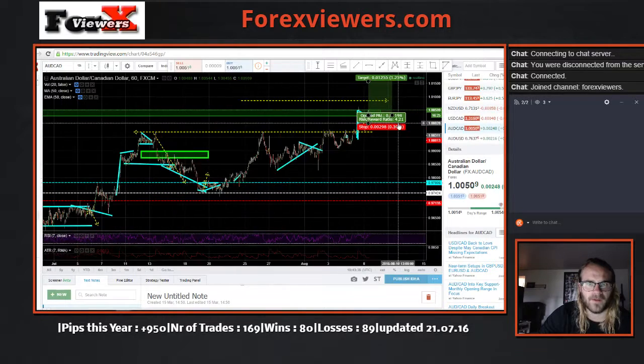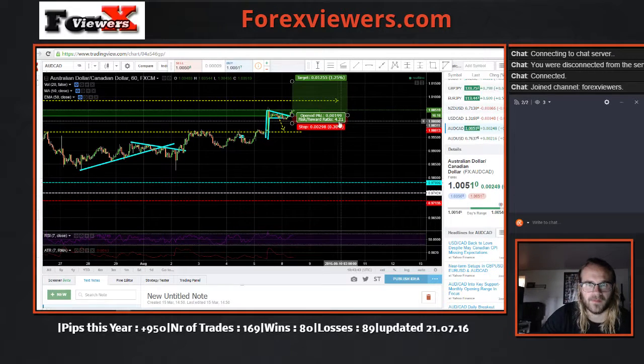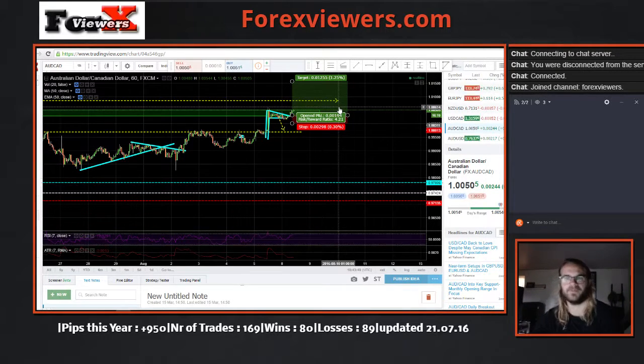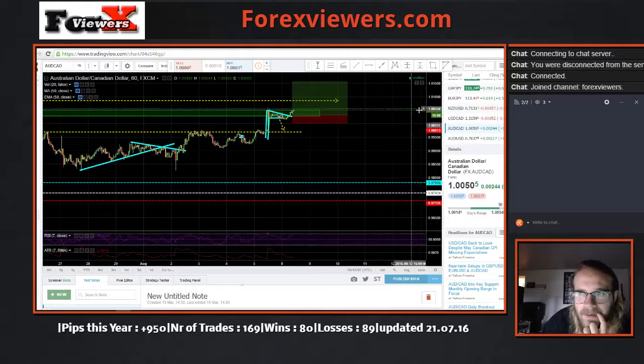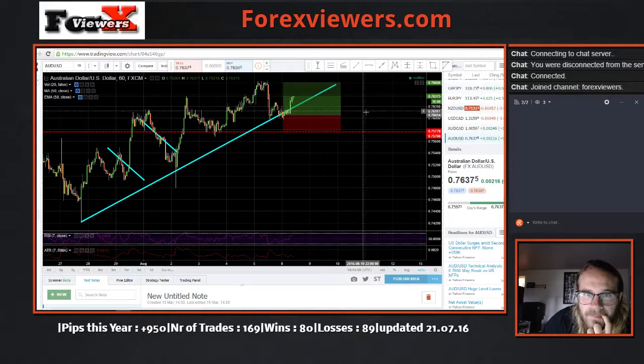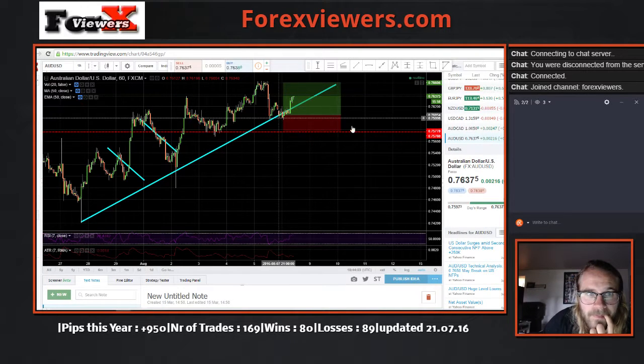But yeah, not a lot of movement in the Asia session. The last few hours has kind of been slow but steady, going higher on some of these pairs. We're not gonna get a pattern in here.